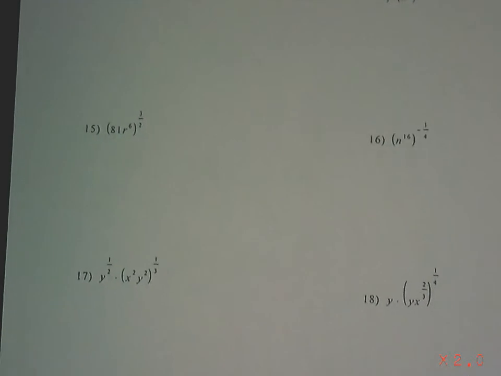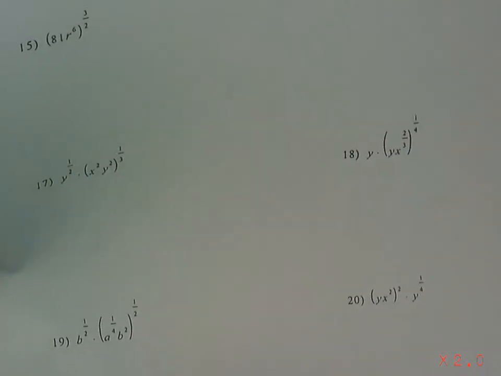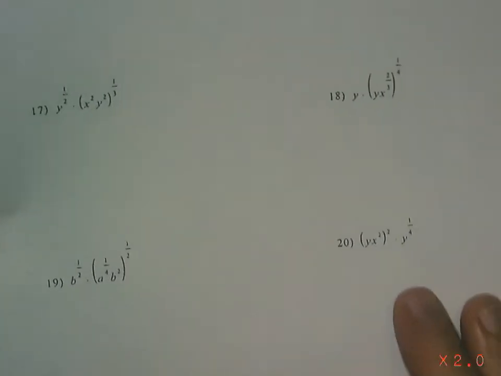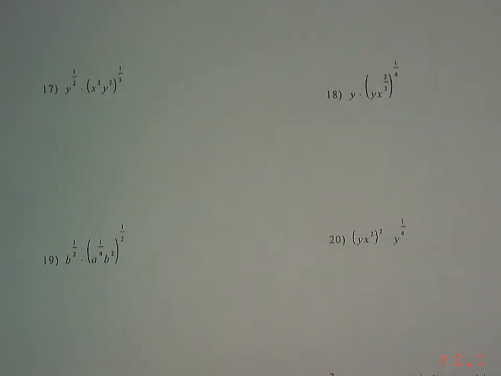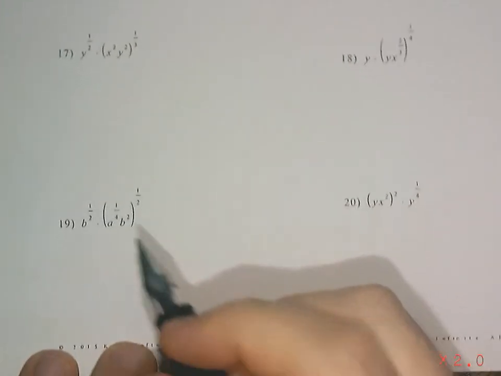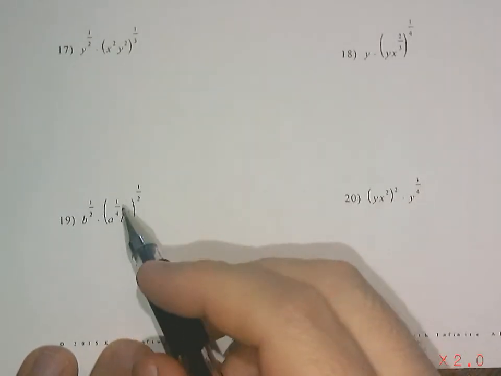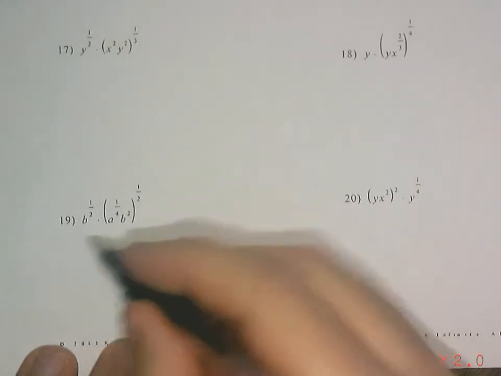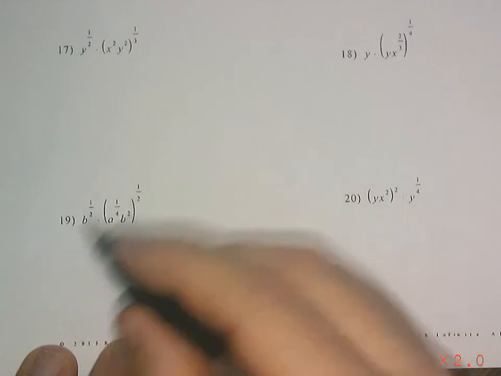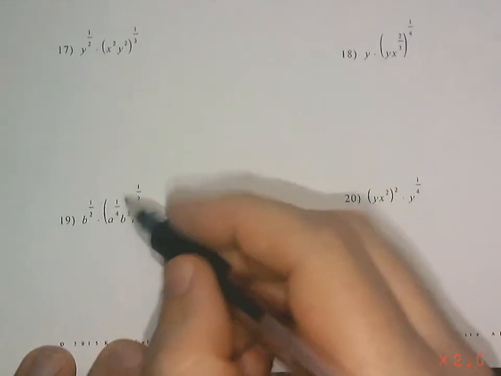Let's see. Ooh, let's do this beast down here. Oh, let's see where to start. I have b squared. Well, let's break this down first.